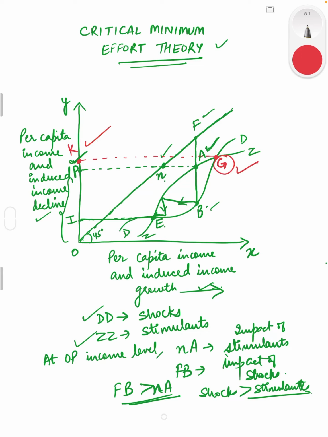Why? Because at this point G, the impact of shocks has been made weaker, and the impact of stimulants has been made stronger. If I mark it as HG, HG represents the impact of stimulants, which is now stronger.